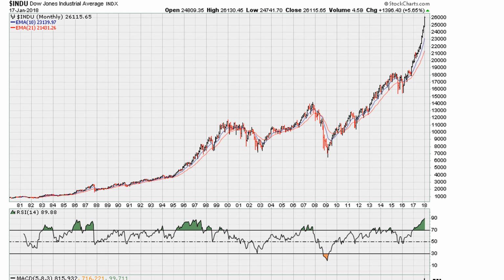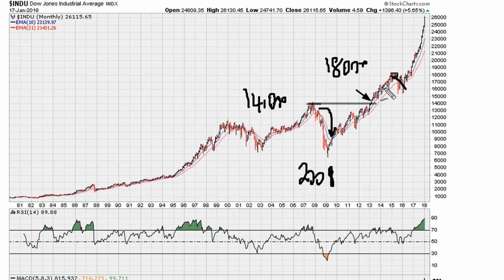Let's take a look at the Dow Jones here, and we can see that with the highs here in 2007, we can call that at 14,000. So after we get the crash of 2008, the only way you would predict that the Dow would go to 15,000 and beyond, the first thing the Dow would have to do is break out above the previous highs. Right? Just like the Dow makes a high here at around 18,000, it pulls back.